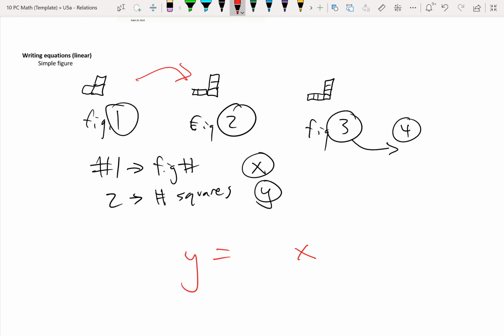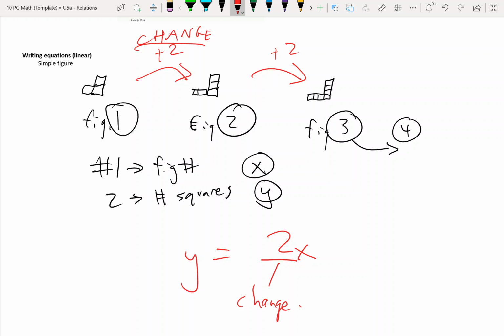So as we go between figures, we can see, well, every time I'm adding 2 squares, adding 2 squares. That's the change amount. And the change is happening every figure, per figure. So whatever that change number is, we're actually going to put right here. That's the change amount. Because basically, let's say we went to figure 100. We would have to do the change 100 times. So we would have to do 2 times 100.